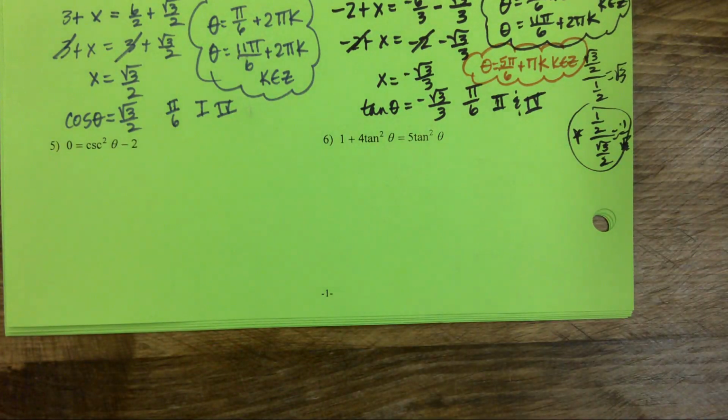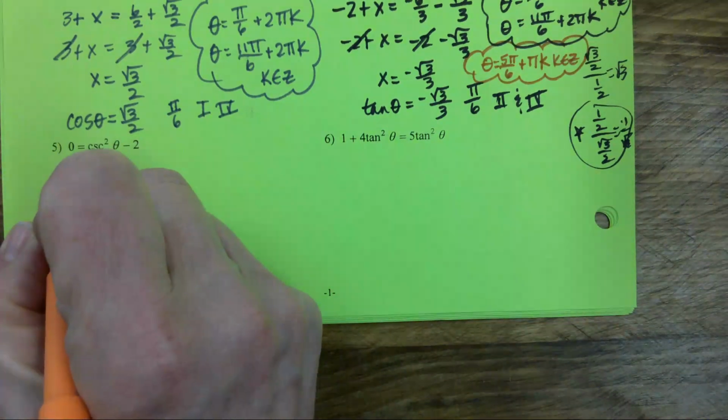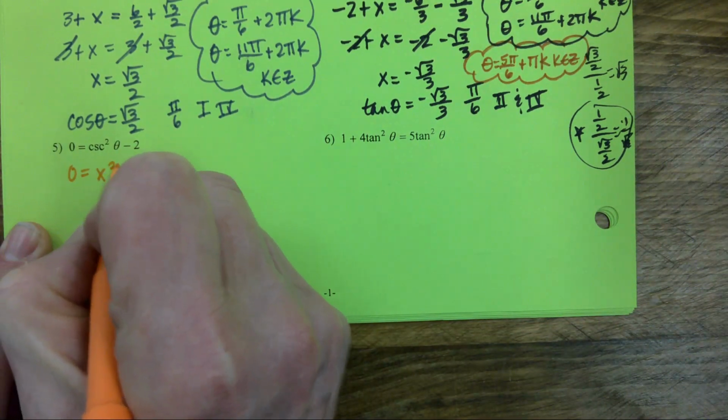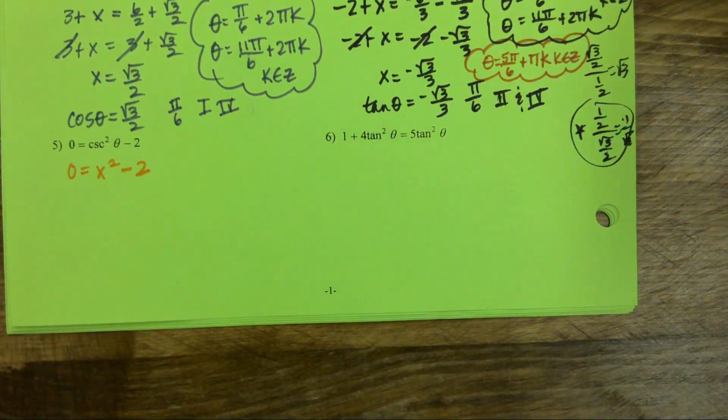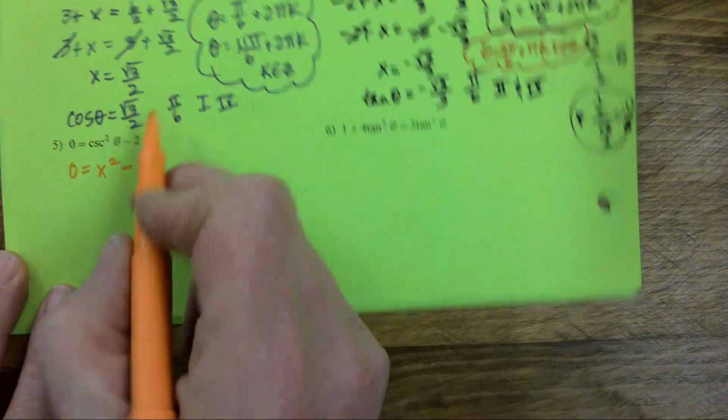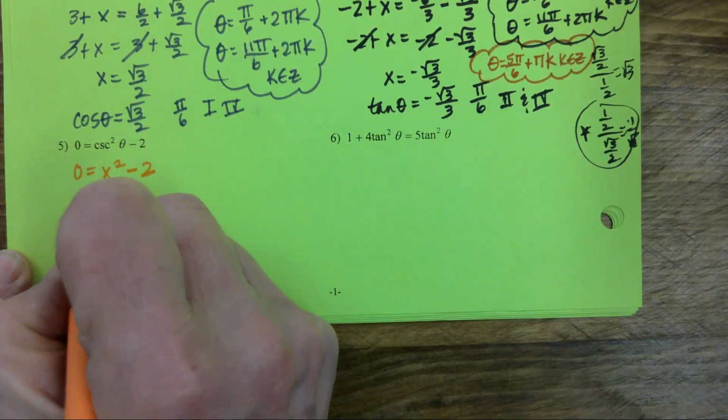So here I am with this guy. I want to figure out when 0 equals x squared minus 2.